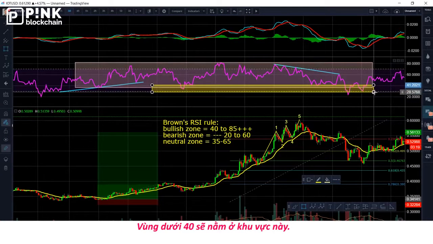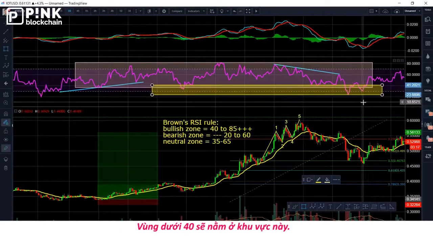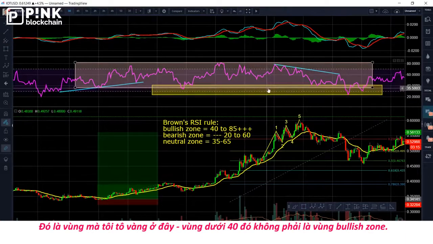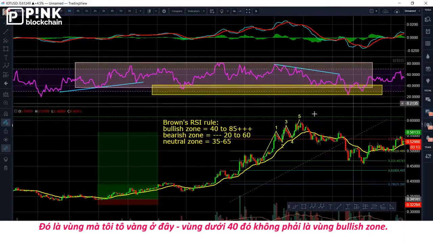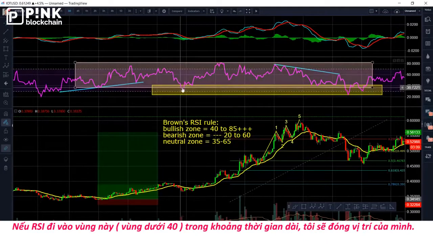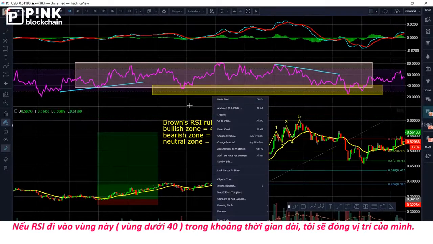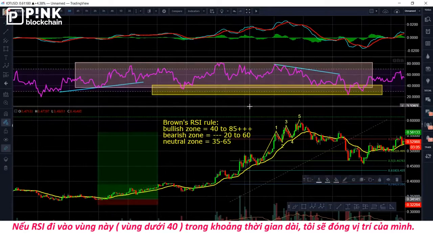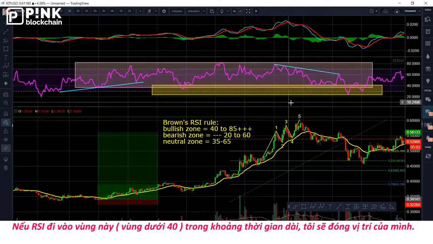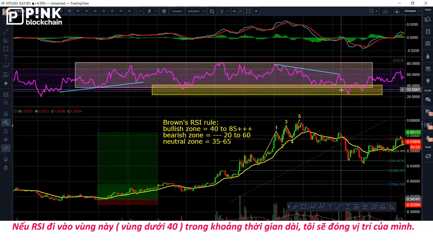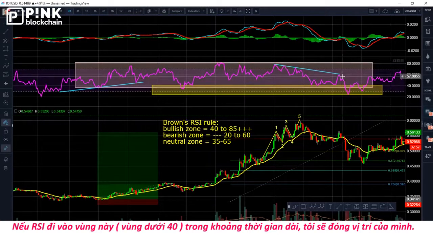This zone right here in the yellow is what I would call under 40, which is not the bullish zone. So what I will look for to close my position after going long here is when the RSI goes into the not bullish zone for a long period of time, okay?